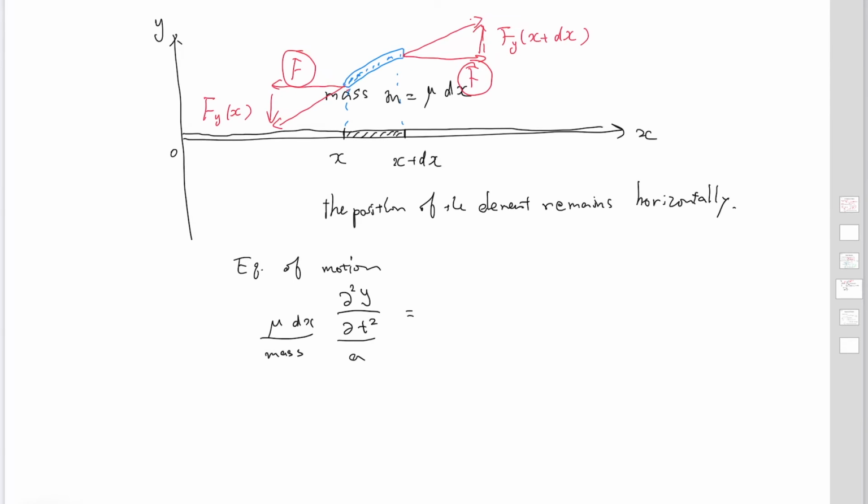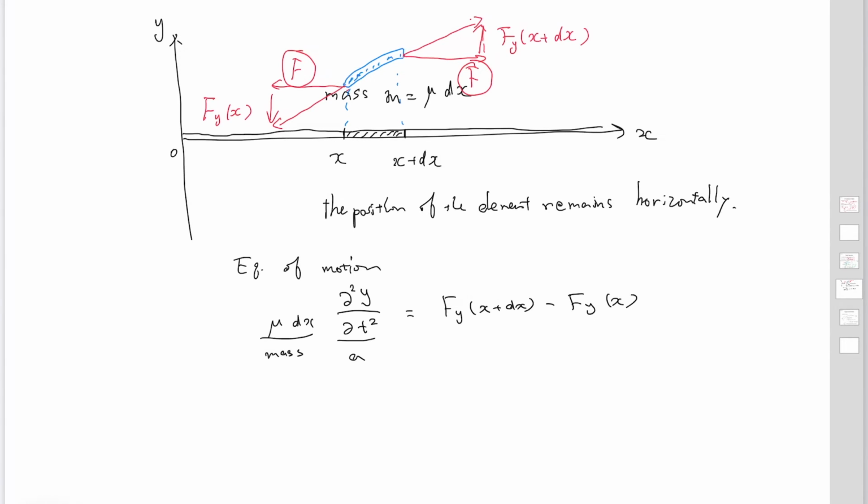And the force acting on this element is F sub y at x plus dx, a positive force, minus F sub y at x.